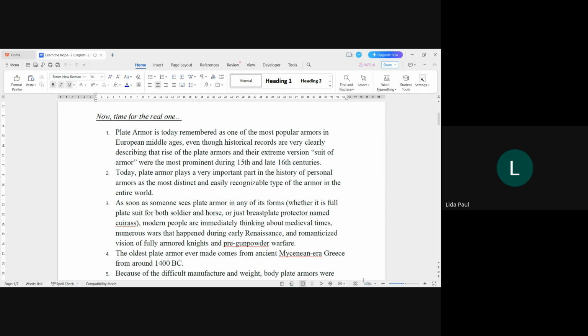Most is used as other parts of speech also. Any guesses where? It's something which shows the superlative degree. It is an adjective when it is used as an adverb, right? Yeah.